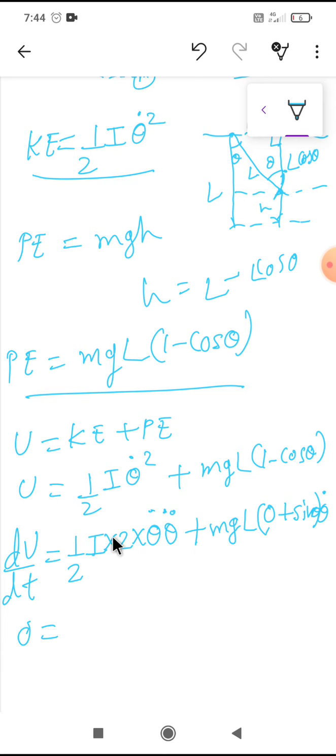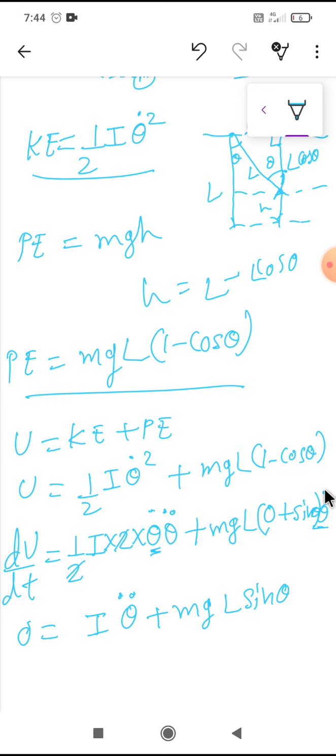Here if I simplify this equation, 2 will get cancelled, and theta dot will come out as a common factor, and if I bring this theta dot to the left hand side, it will merge into 0. So what I'm left with is I theta double dot plus mgL sin theta.